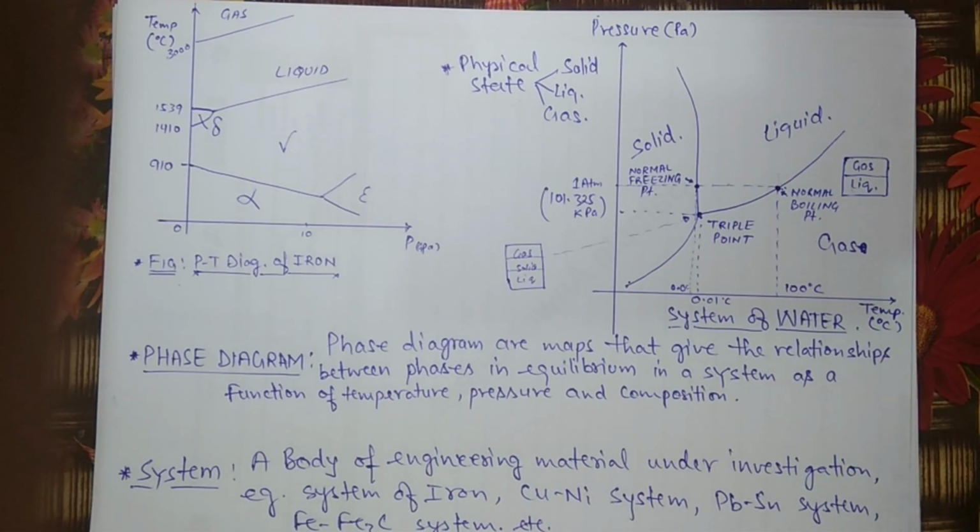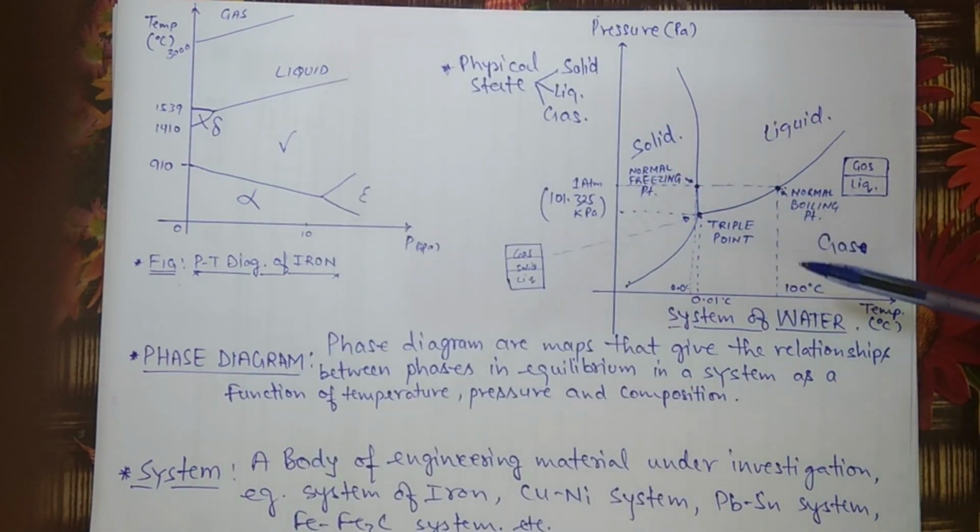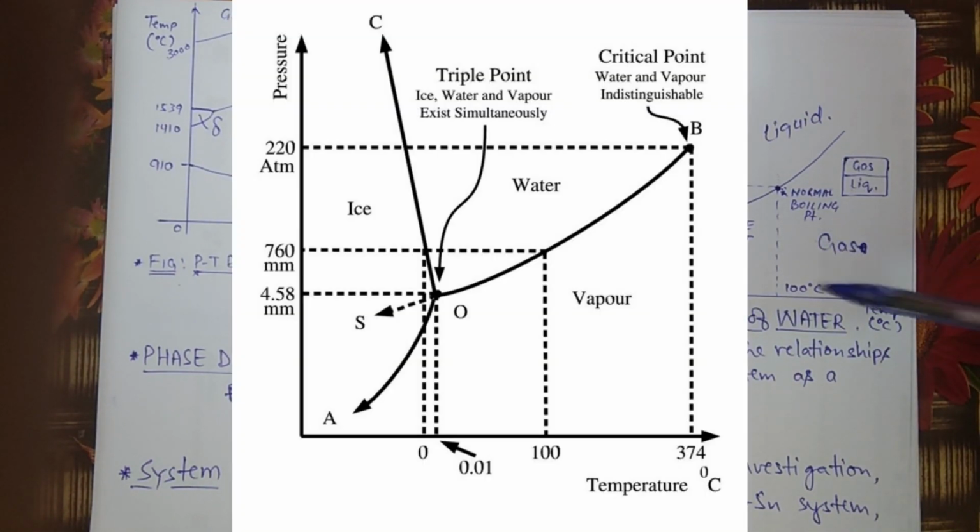So I'm showing you a phase diagram for water, and in this phase diagram you can get an understanding about the physical state of the material, like water here. It can exist in 3 states. At a particular temperature and pressure you can see what physical state you are going to get, and how many phases you are going to find.